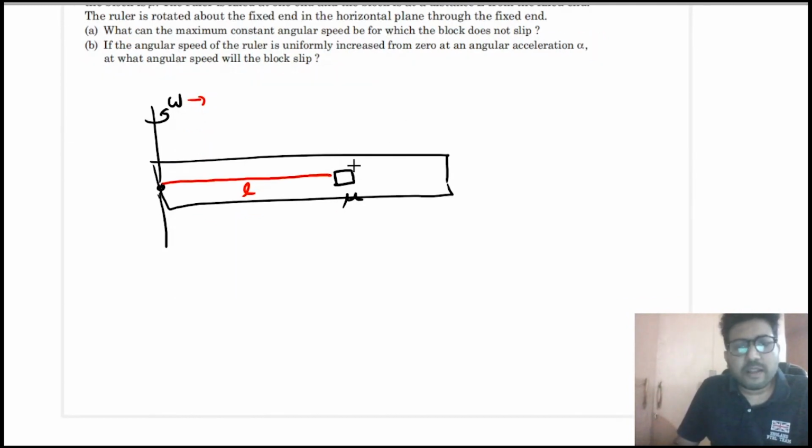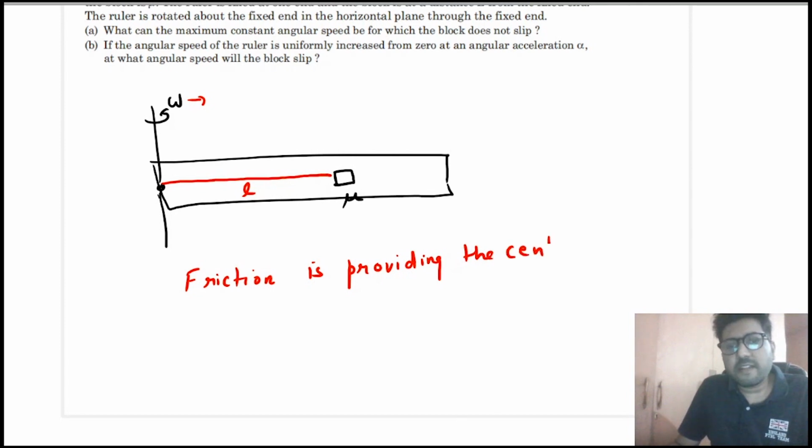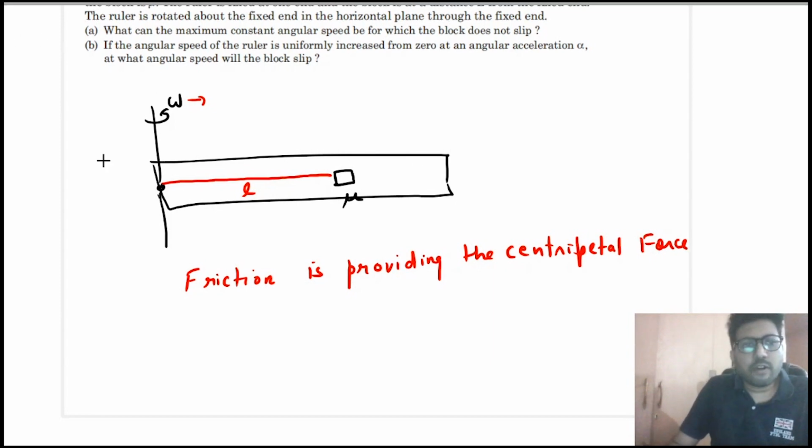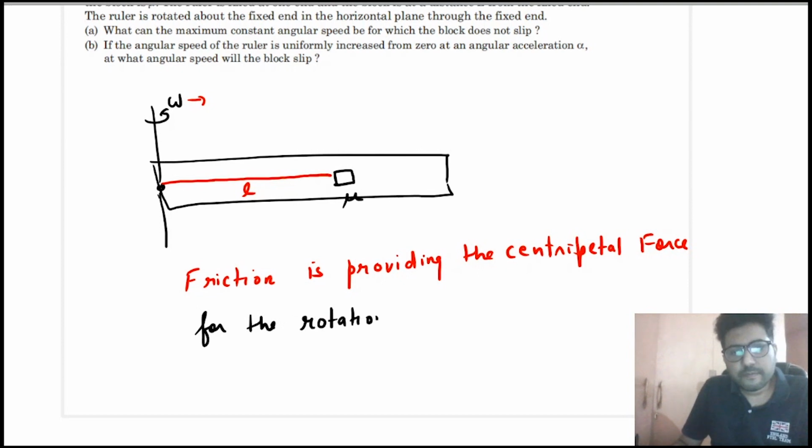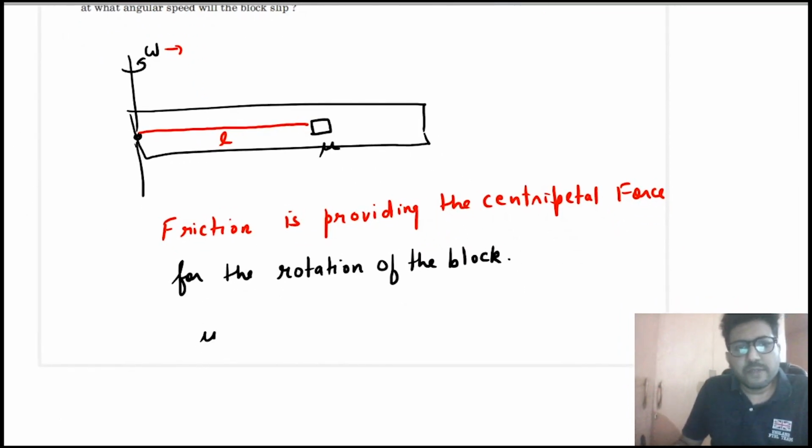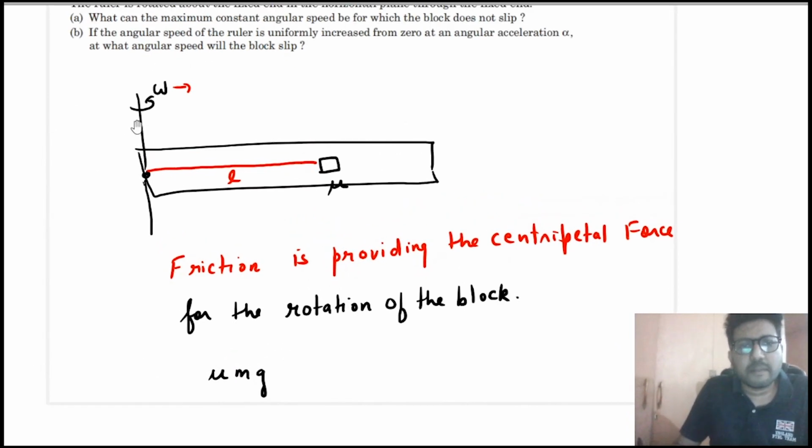Who is responsible for the circular motion of the block? It is friction. So the friction is providing the centripetal force for the rotation of the block. Now the value of this friction is mu m g. This is the maximum value of friction. Why am I applying the maximum value of friction? Because we need to find the maximum value of omega.